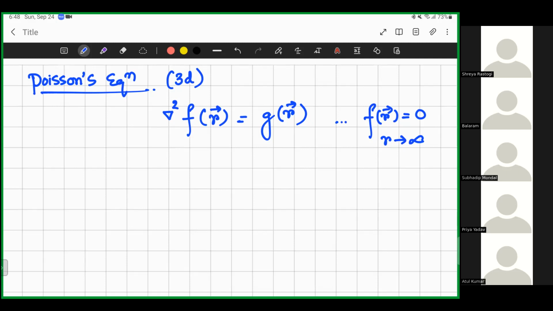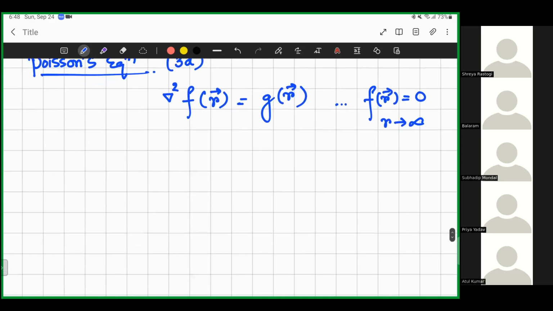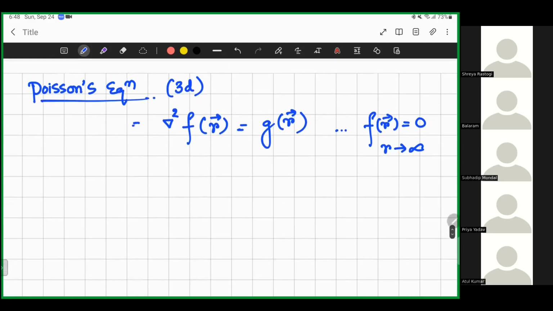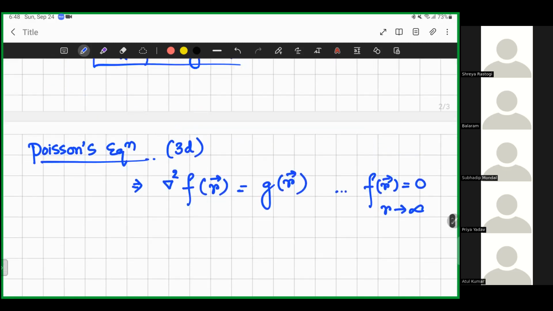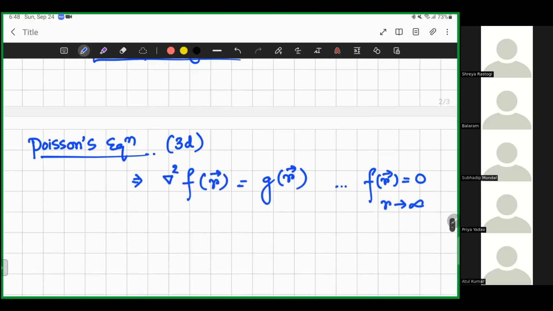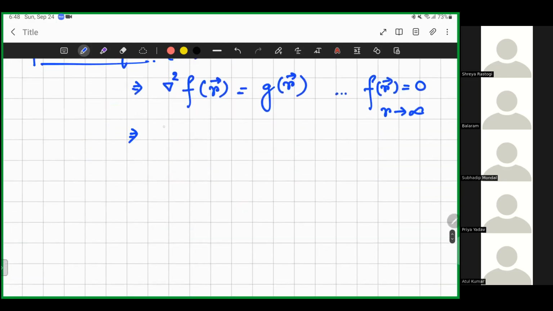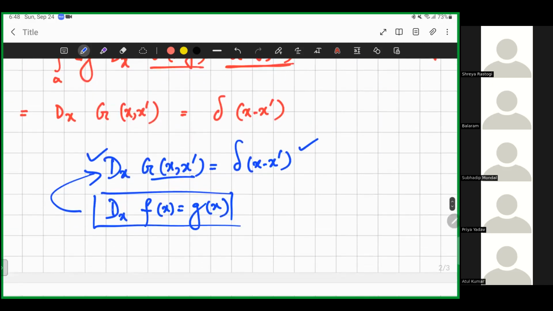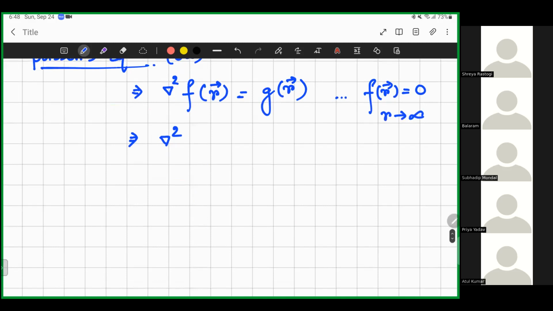Okay. Now, if this is the equation, then what will be our Green function equation? This equation, we can write in a similar way, just del squared, because if we see here D_x will be there, same D_x. So here D_x is the Laplacian operator del squared. So here actually D_x is equivalent to the Laplacian operator del squared.